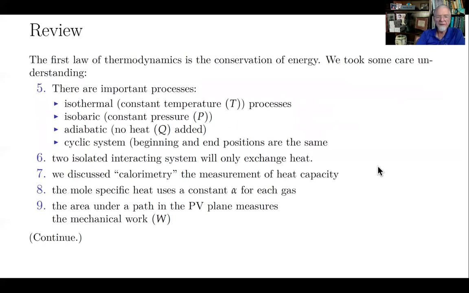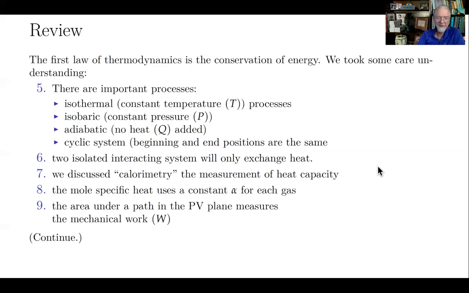The first law of thermodynamics, as I said, is conservation of energy. And the important processes that you need to think about are isothermal, that is constant temperature processes, isobaric, constant pressure, adiabatic, no heat added. So all of the change in the energy will only be due to mechanical work.